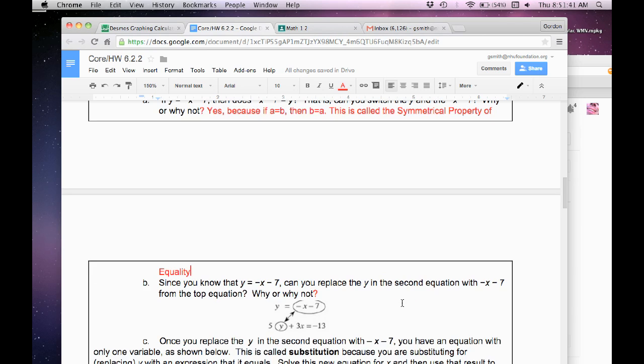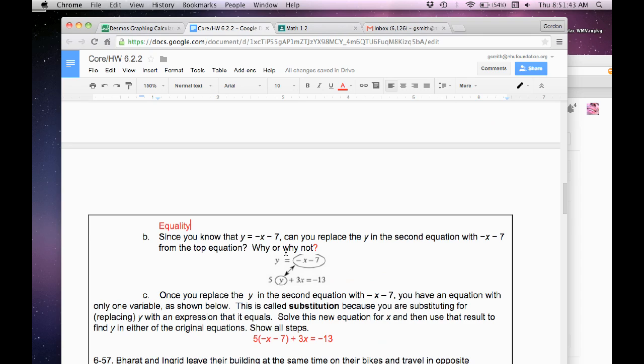Since you know that y equals negative x minus 7, can you replace the y in the second equation with the negative x minus 7 from the top equation? I guess if this is equal to y, and we've said that it's equal to y, then whenever we see a y, we can put this instead of the y. You can replace it.